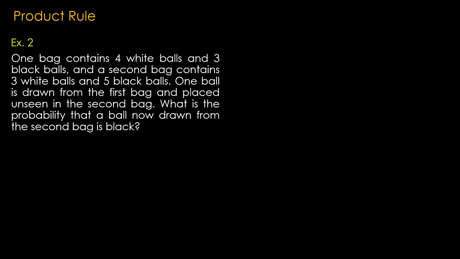If one ball is drawn from the first bag and placed unseen in the second bag, what is the probability that a ball now drawn from the second bag is black?